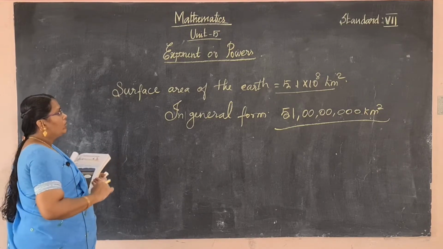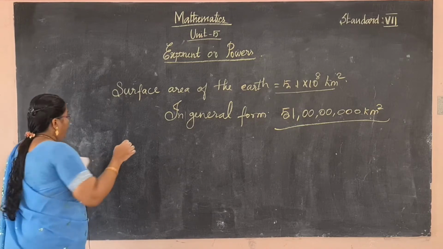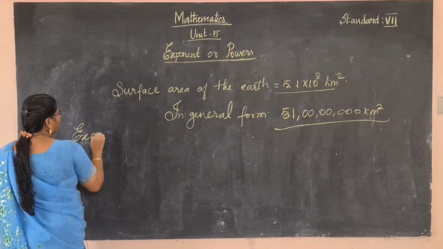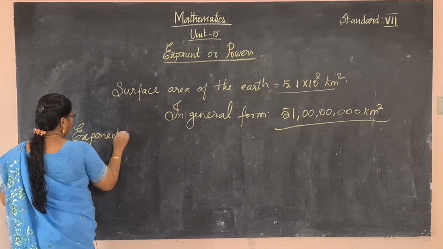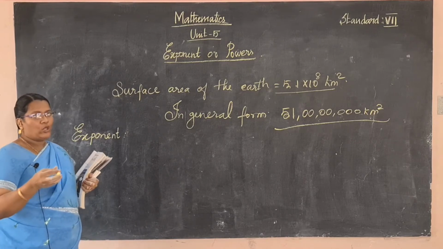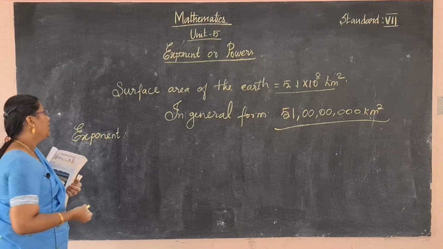Okay, so what is the definition of exponential form? Exponent means that it indicates how many times we multiply the particular number. Okay, so what is the definition of exponent?